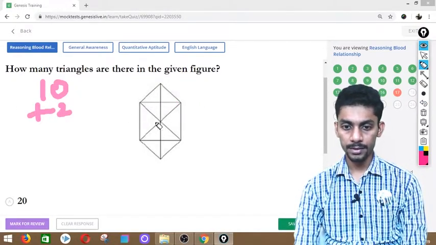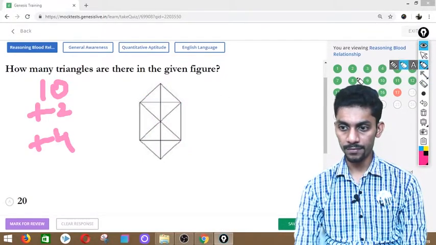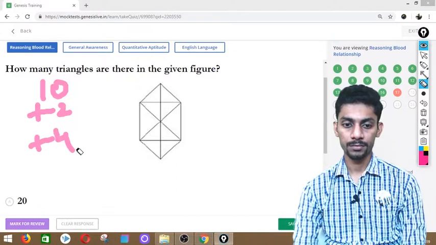Okay. Next, 1, 2, 3, 4. So plus 4. Similarly, you will have 1, 2, 3, 4. Again 4 you got.